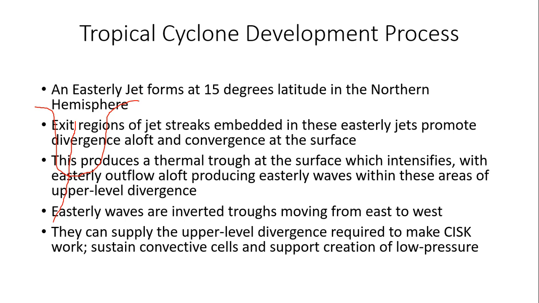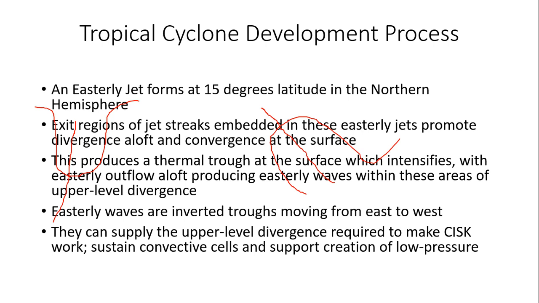In the tropical areas with these easterly waves, you get what's known as an inverted trough, an upside-down U-shape pattern. These are the troughs within the easterly waves within the tropical latitude belt. That's an upside-down U. That's what we mean when we say inverted troughs.